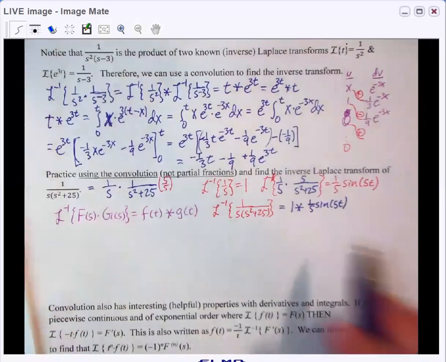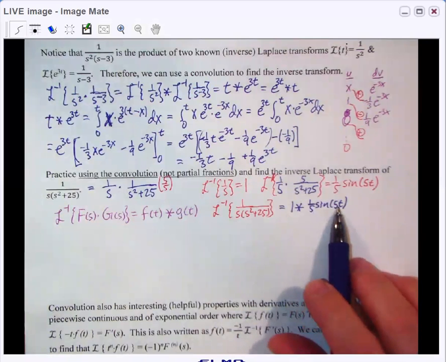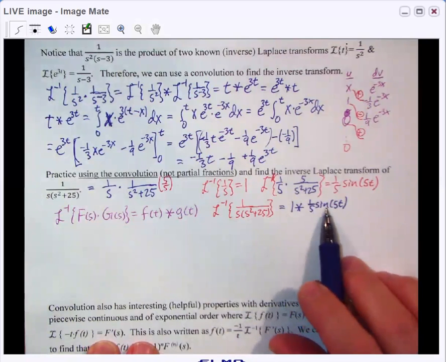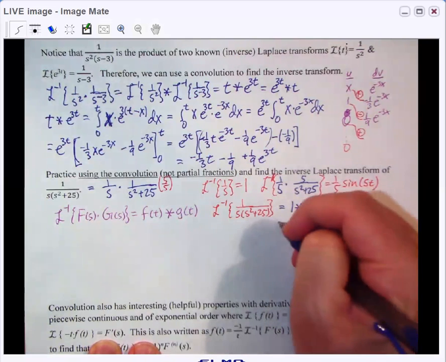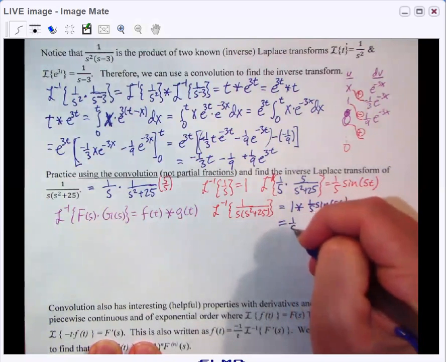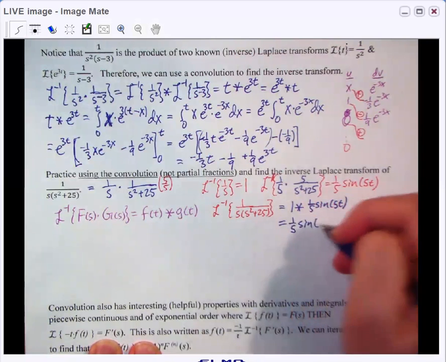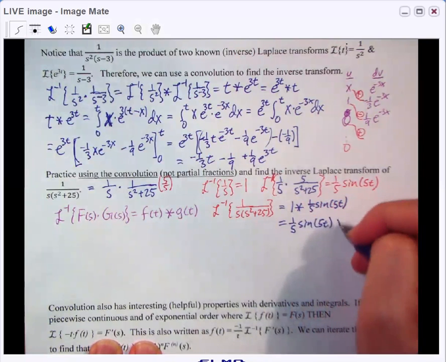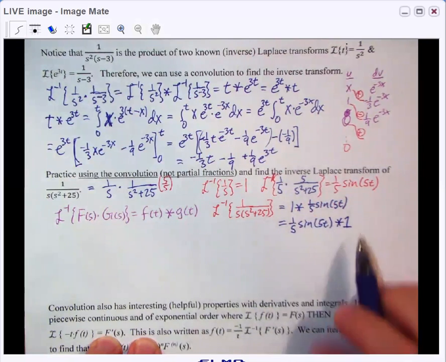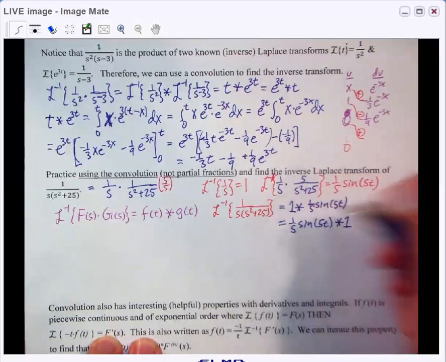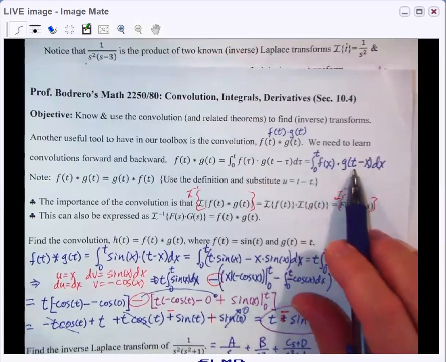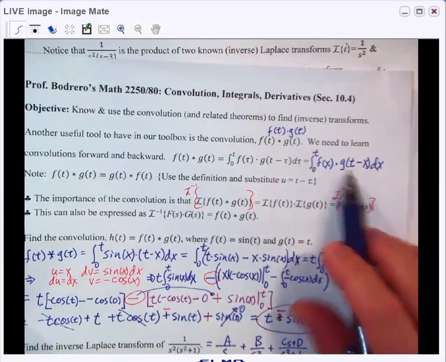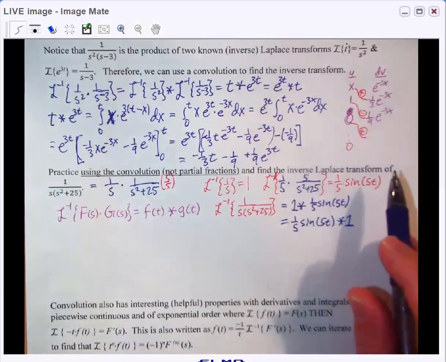So if I look at it this way, that's going to put the t minus x inside the sine function, which is going to be a whole lot harder than if I do it the other way around, which is 1/5 sine of 5t convolved with 1. Now this 1 is always 1, so it doesn't even matter if I put in t or x or t minus x. So I'm going to go that way so that it will make the integral easier for me.